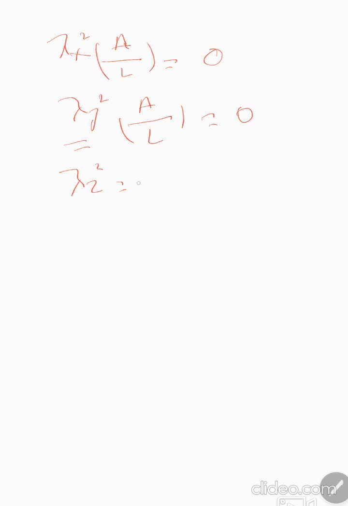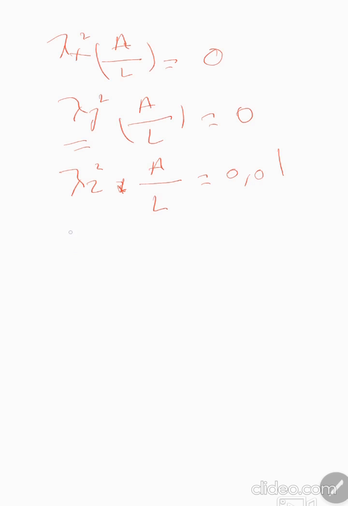Lambda z square times A, the area, divided by L equals 0.01. I will show you the form of the matrix soon, but just let me give you this step.